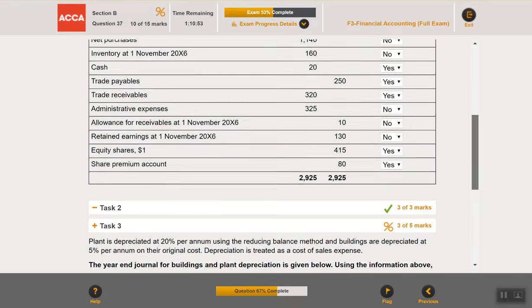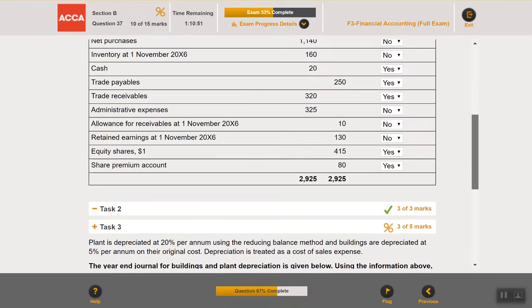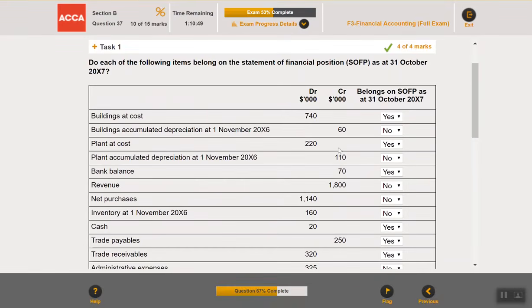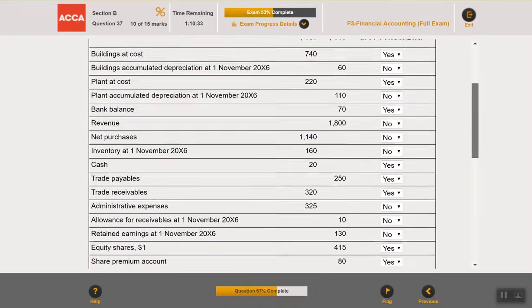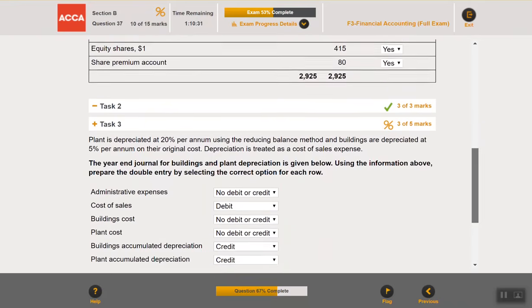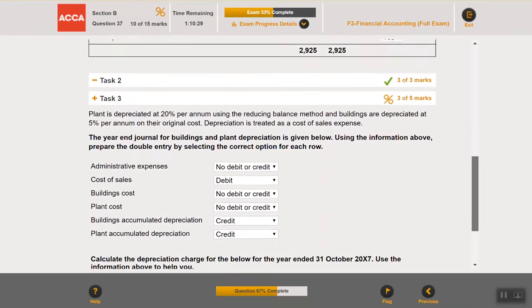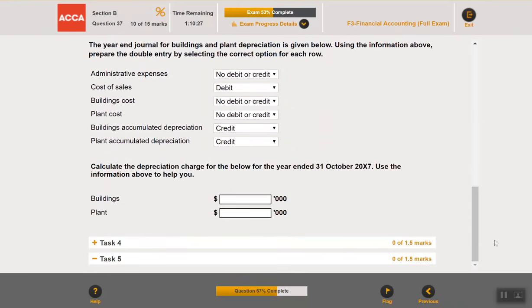Let's do the straight line first, which is building. So building 740 multiplied by 0.05, which is 37. Yeah, building was depreciated at 5% per annum. Yes, so 37,000.